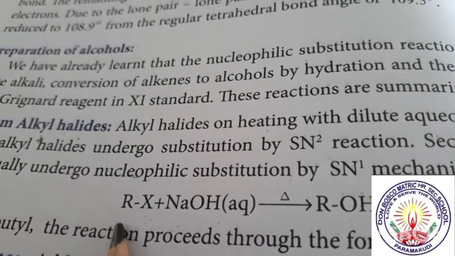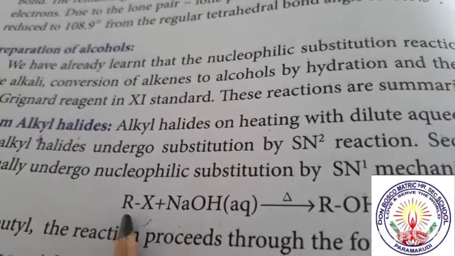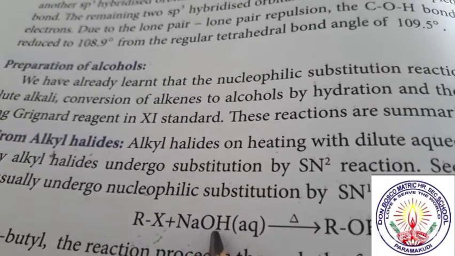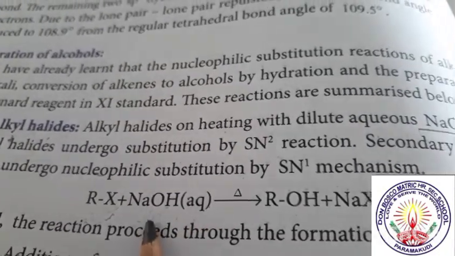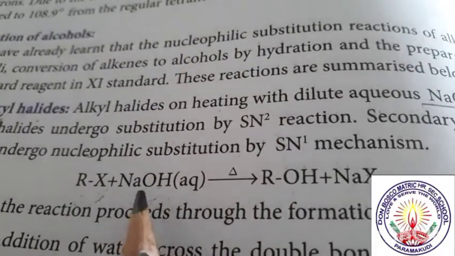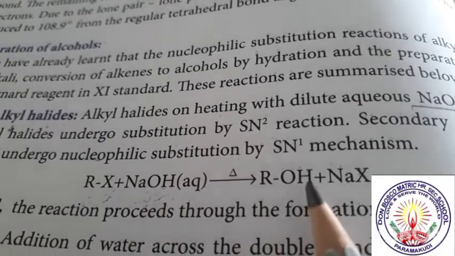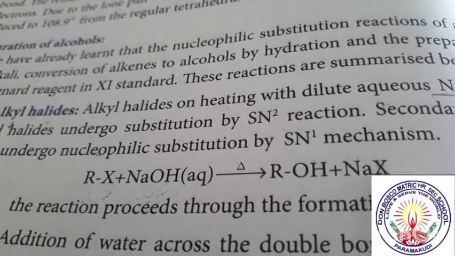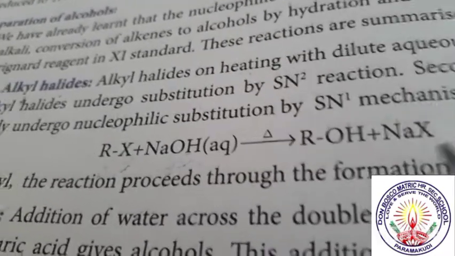R is alkyl, X denotes the halide. So for example CH3Br we can take, and NaOH. This reaction takes place on heating with dilute aqueous NaOH, that is refluxing. So when it is refluxed with NaOH, we are getting alkyl OH, alcohol, and NaX, and that Na is combining with the halide.